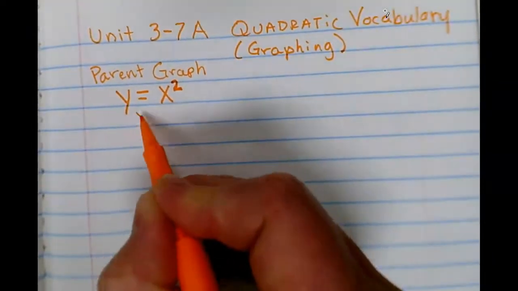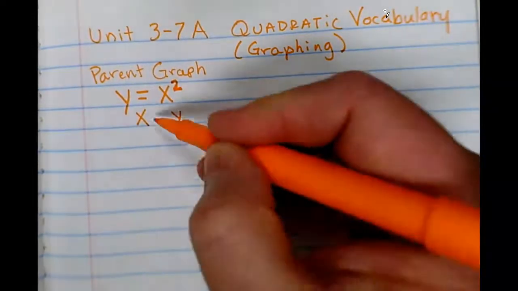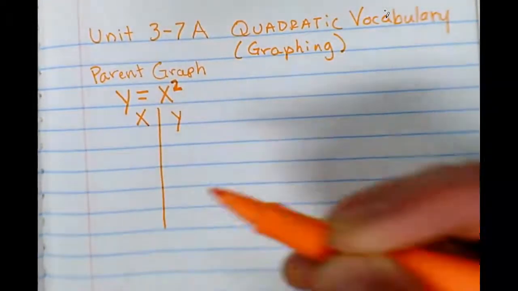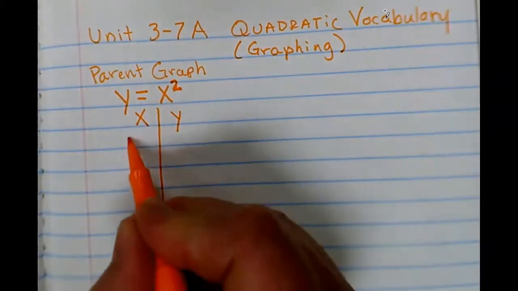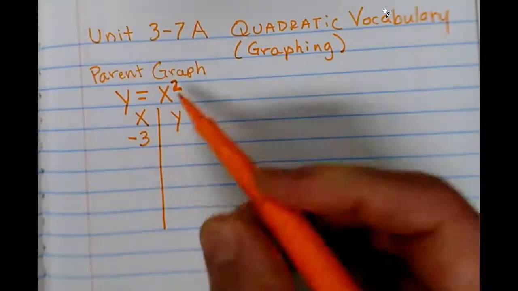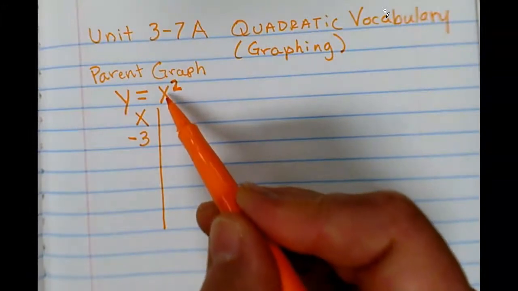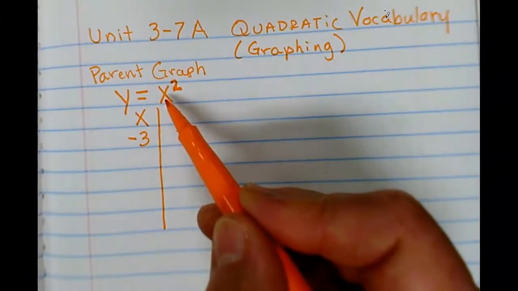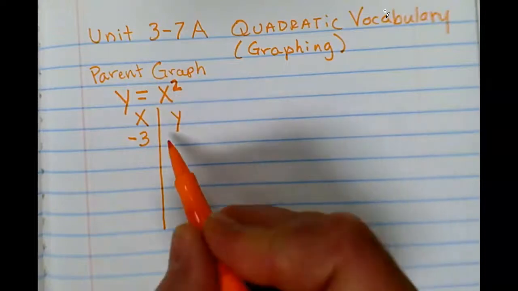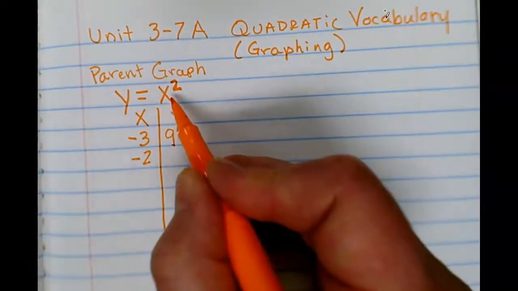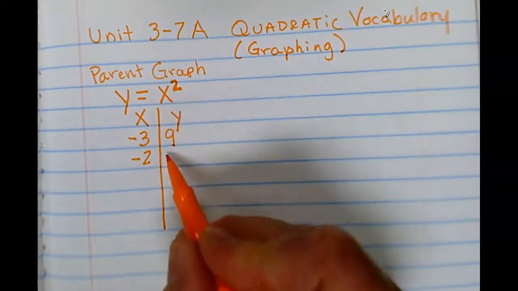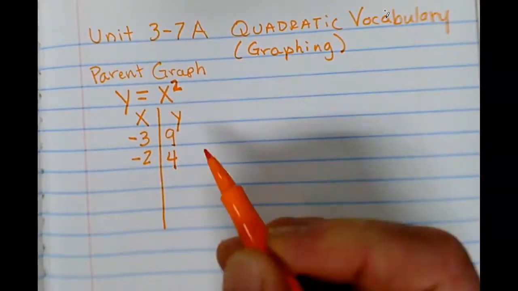Well, one way we can tell what a graph is going to look like is to make a little XY chart. And if x is equal to -3, and this tells me to square it, what is -3 squared? And if I plug in a -2, squared is 4.